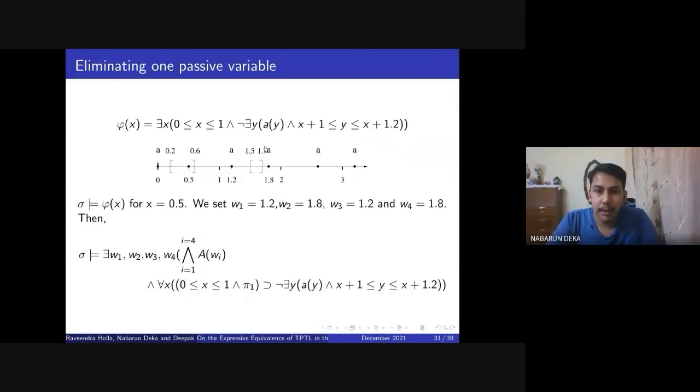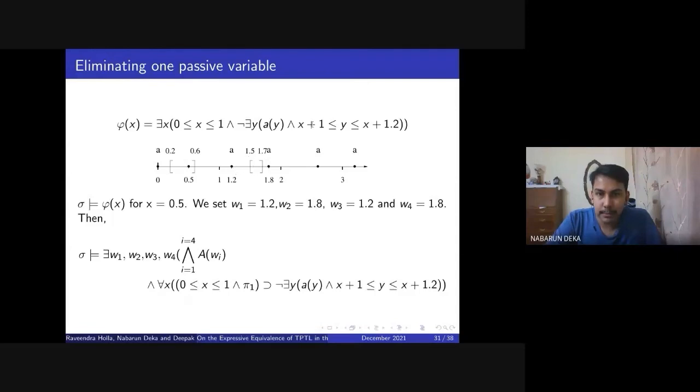For example, consider this time line. Let us say x plus 1 to x plus 1.2 was this interval. Now, as long as my left hand side does not cross over this 1.2 or 1.8, so let's say it moved from here to here, even then the interval will not contain any a's.